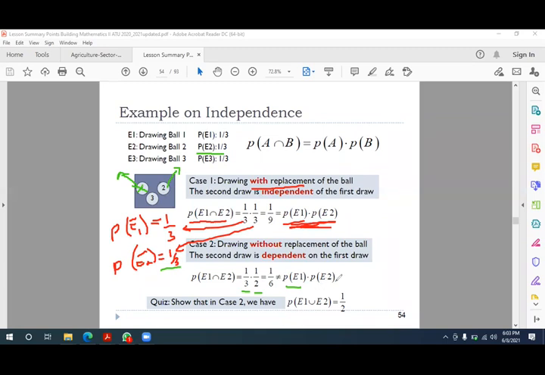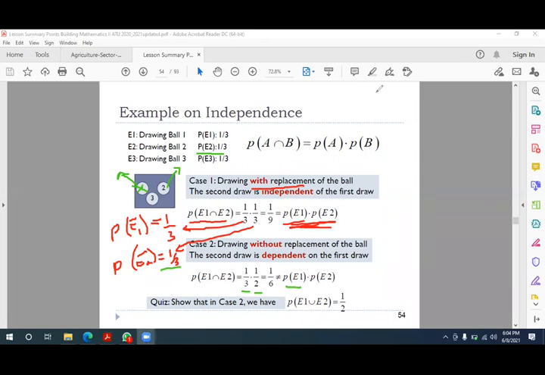Okay, so that is the typical example of how dependence and independence come to play in determining the probability of the joint event of several events.